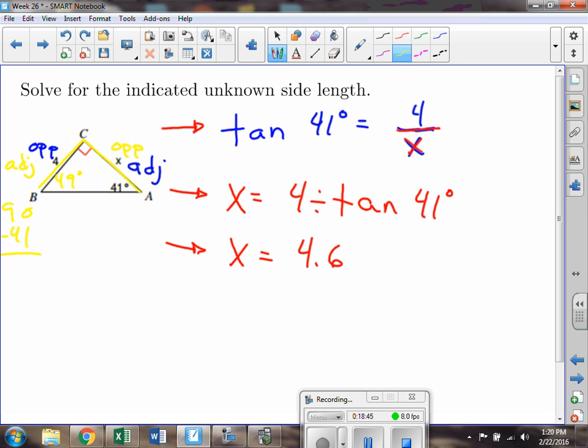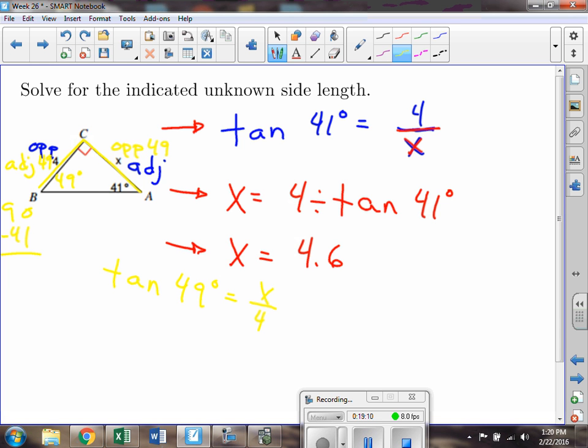So my favorite way is to set this up as tangent of 49 degrees instead of 41. And then it's x over 4, because x is opposite the 49 and 4 is adjacent to the 49 degree angle.